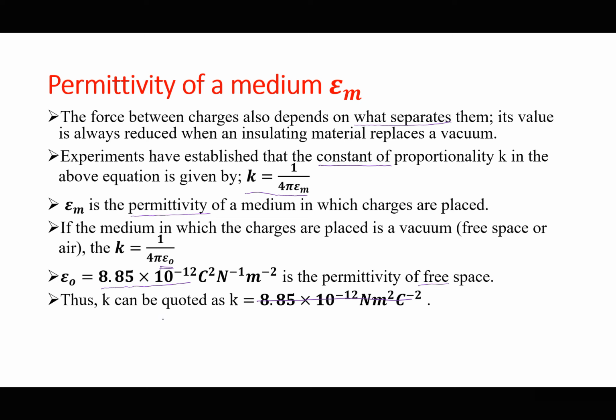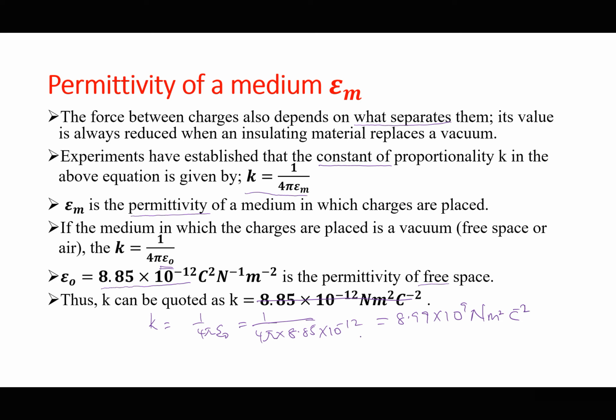The quantity K is equal to 1 over 4 pi epsilon naught, which is 1 over 4 pi times 8.85 times 10 power negative 12. When we press our calculator, the quantity K will always be quoted as 8.99 times 10 power 9. The units are newton meters squared per Coulomb squared.